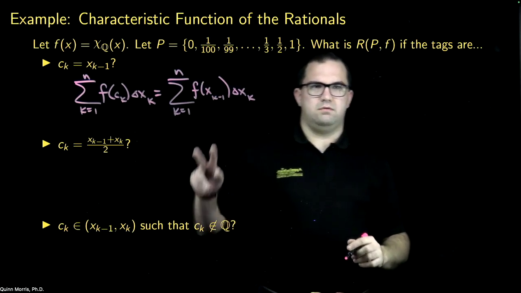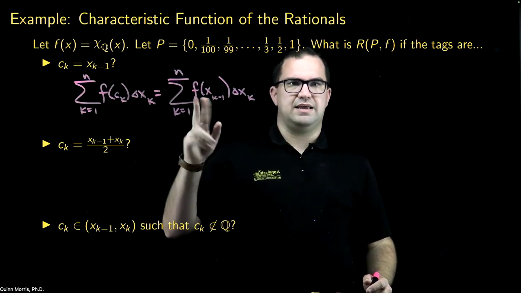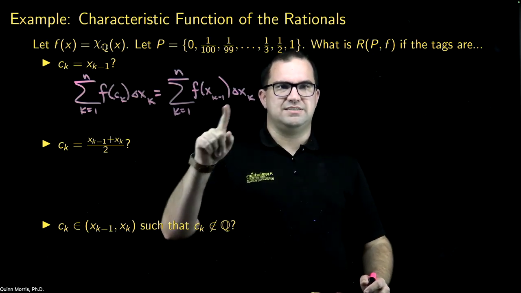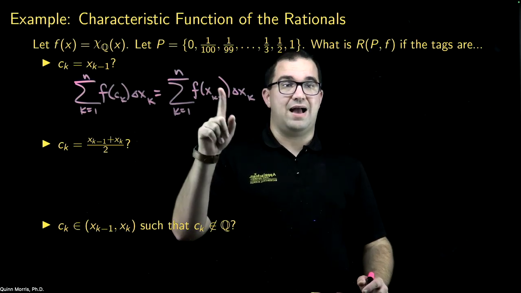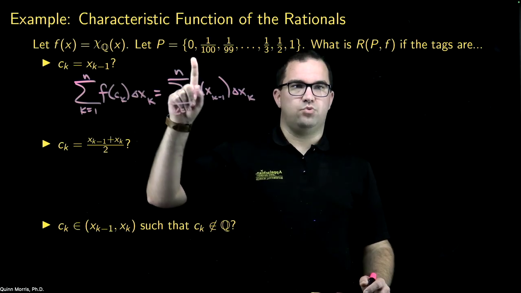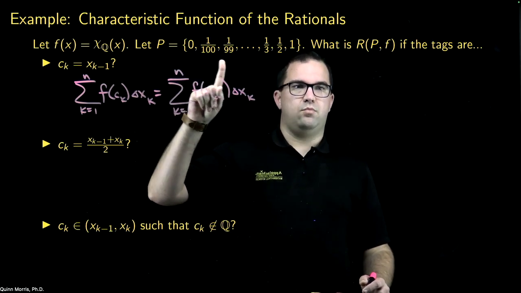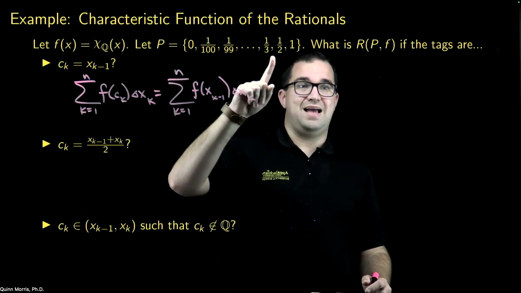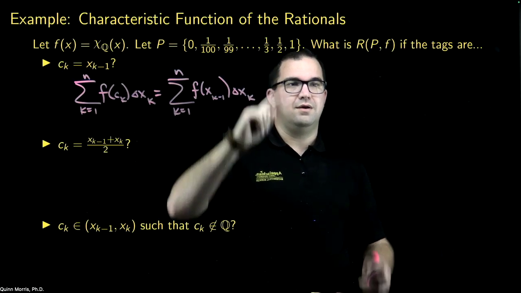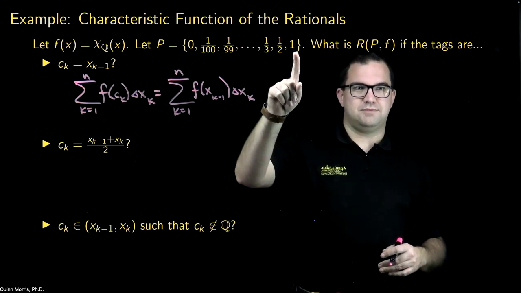Okay, well, what can we say about this? This function is an indicator function of the rationals. I really just need to know, is this value going to be rational or irrational for each k? Well, these x sub k minus 1 are going to be x sub 0, x sub 1, x sub 2, all the way up to x sub n minus 1. I'm choosing the left endpoints, so I'll never pick up that last partition value.